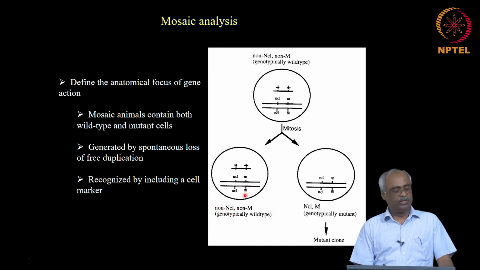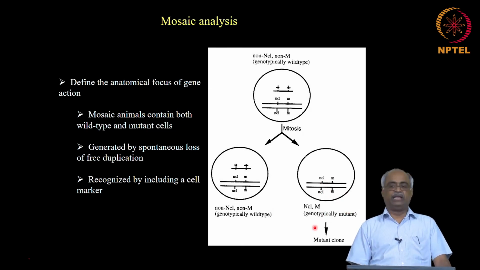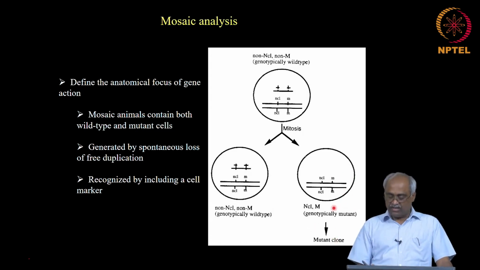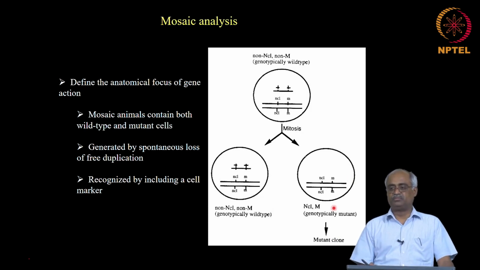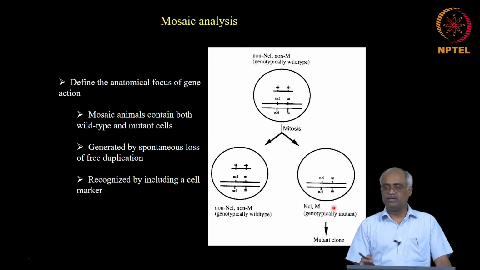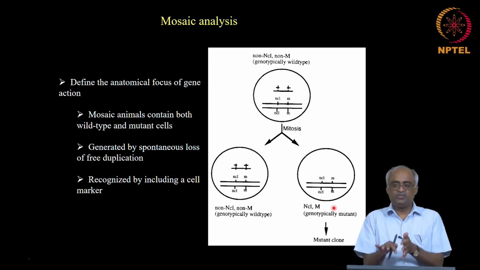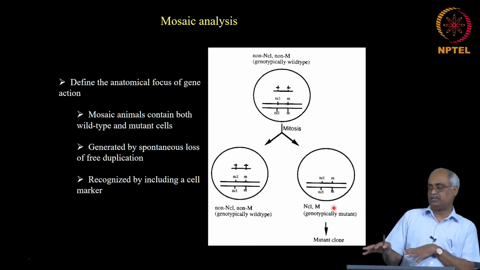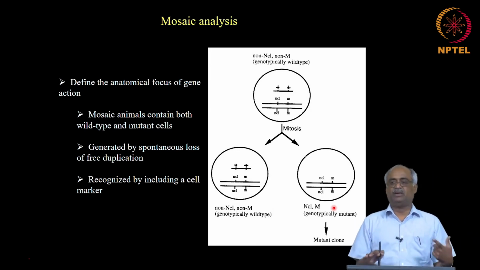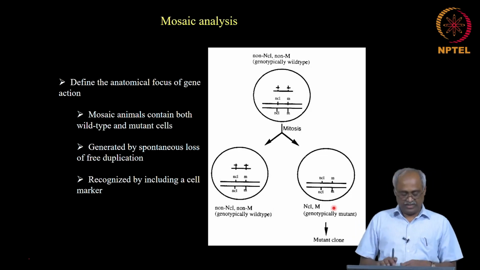Therefore, you will assume that is like wild type, and here you do not have that, and as a result the nucleolus is enlarged, then you know that is genotypically mutant, and then you see what happens to that cell or the cells that descended from that. So, the loss of duplication is what we are using here as a marker. This duplication is one way of doing mosaic. There are other ways, like for example Cre-Lox is another way. So, now we will see an example.